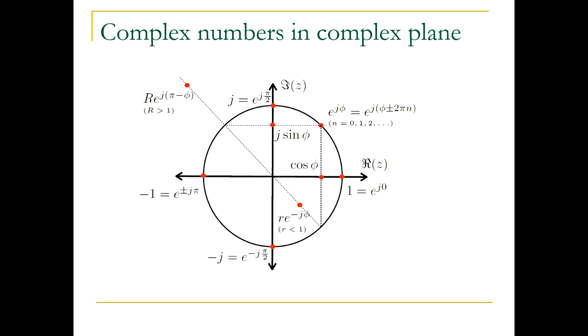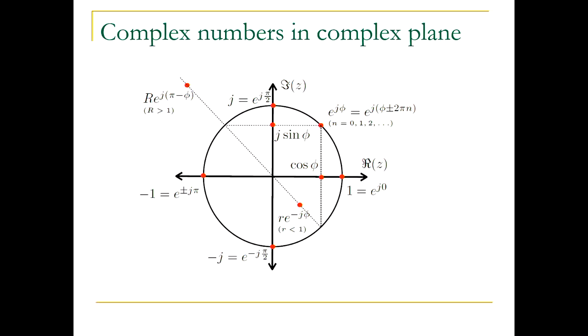So each of the red dots you can go on your own and relate the representation of these complex numbers to their location in the complex plane. Right? So we don't have to go through all of them. Please do this on your own. So for instance, this one is minus j, so in Euclidean coordinates, the representation of this complex number is just minus j.